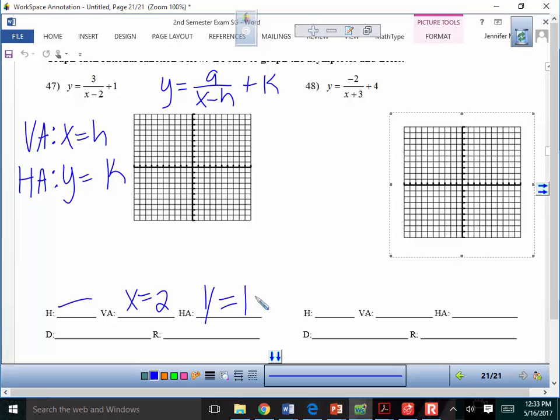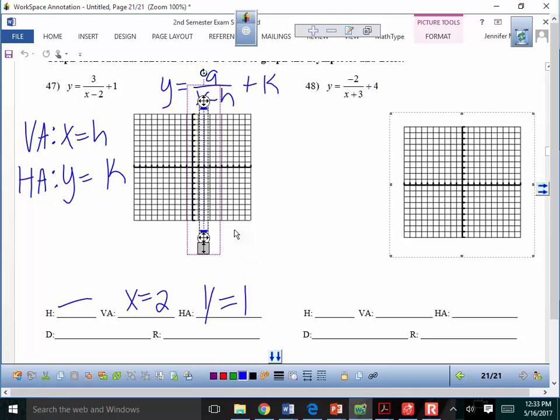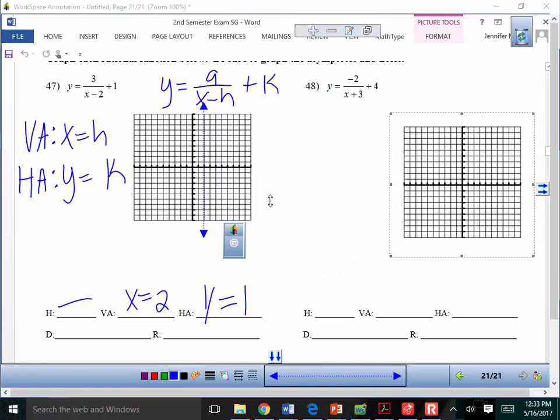Okay, now do y'all remember how to graph this? Well, let's go ahead and graph our asymptotes first, please. X equals 2. And then we have y is equal to 1. Okay, and then we need to make a table.